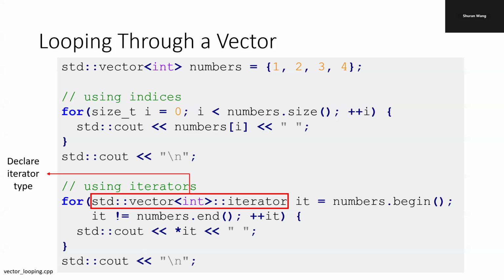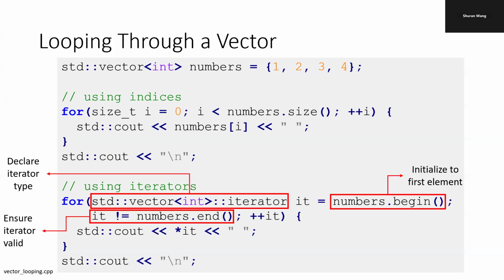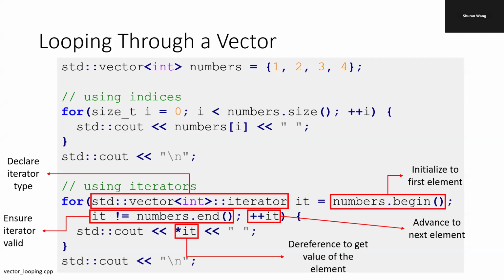So yeah, declare the iterator type, initialize it to the first element, ensure the iterator is valid, so it's not at the end. We advance to the next element after this loop iteration is finished. And we need to dereference to get the values.